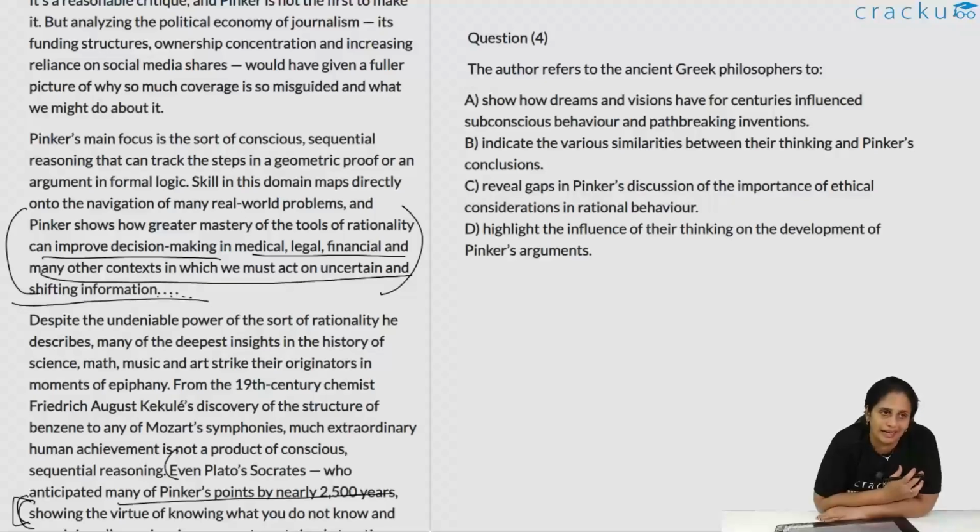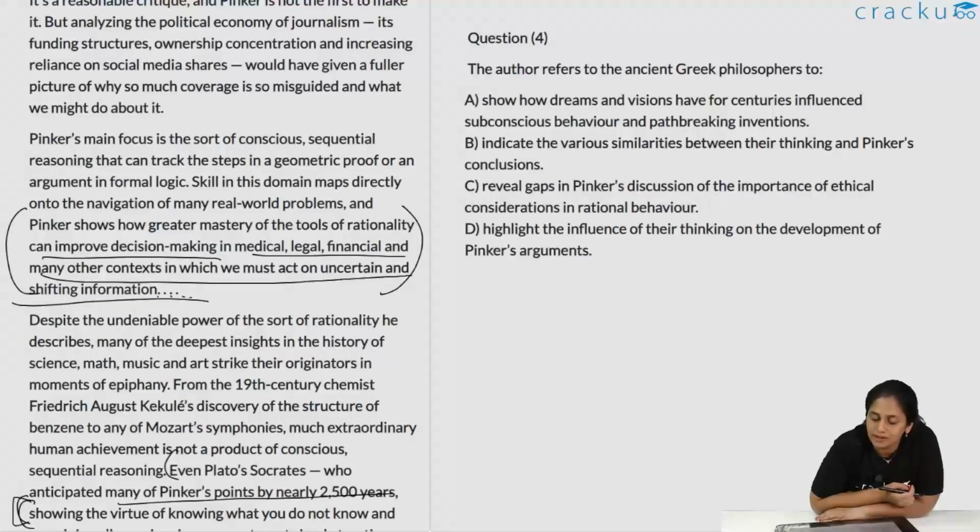They've considered that to be primary and then use logical reasoning. So he uses Greek philosophers to show that unlike Pinker, they put primacy to moral and ethical education, and unlike Pinker, while they agreed on rationality, even they felt that many of the discoveries actually came from epiphanies and creativity and inspiration as such. So let's take a look at the options.